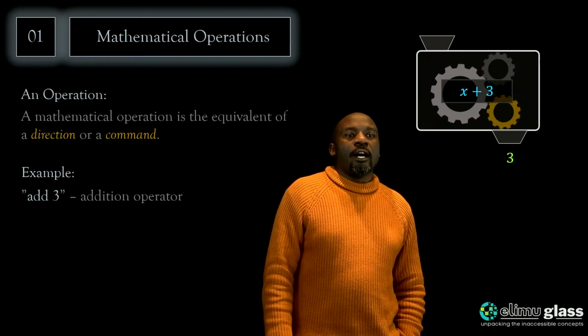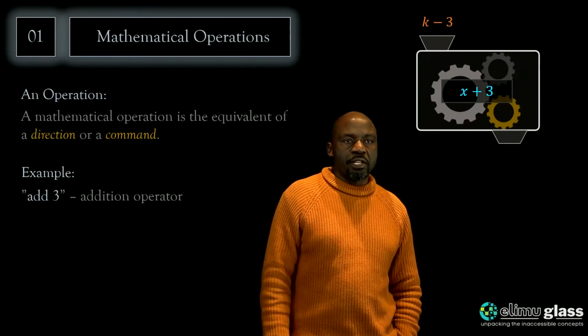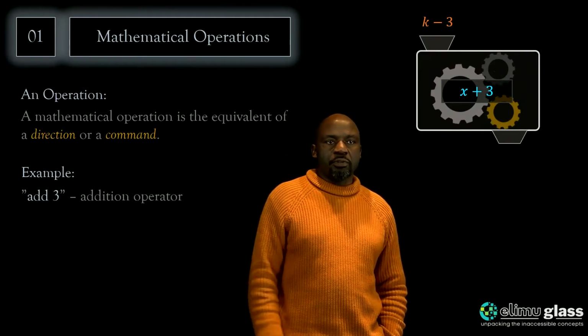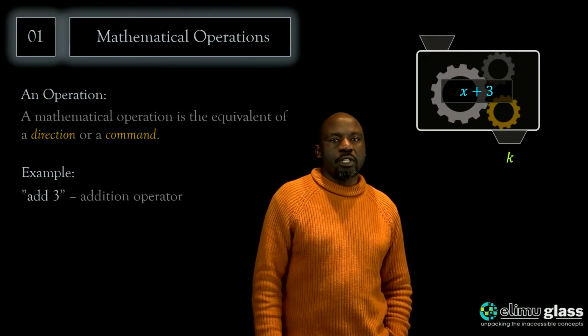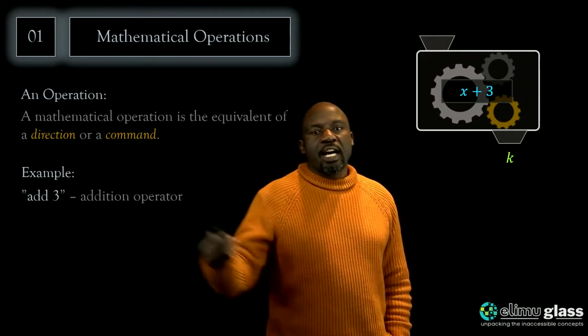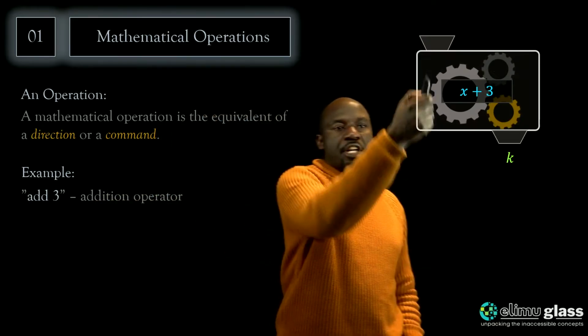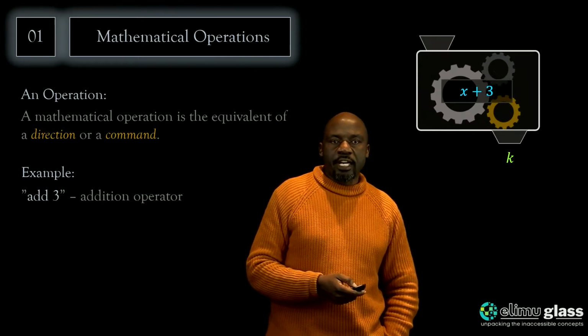One more, let's see. If we plug in k minus 3, the machine adds 3 to it, and we expect to get a k. So this is what the command add 3 does, a machine that uses the command of adding 3, that is what it really does.